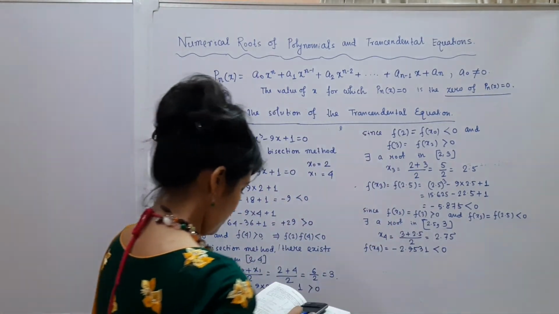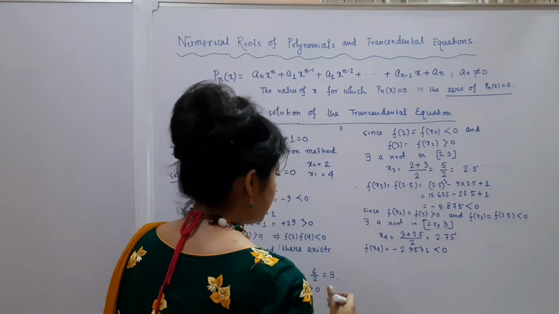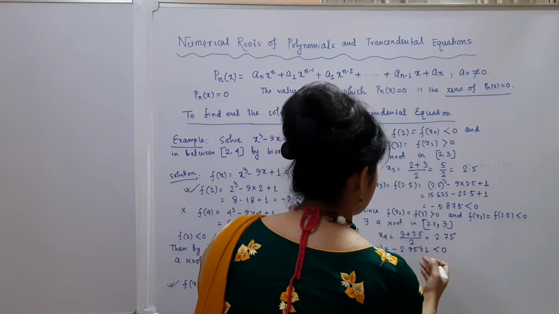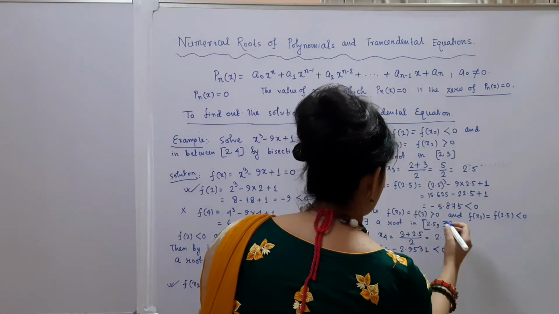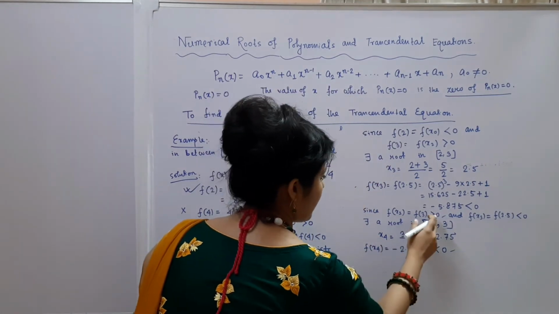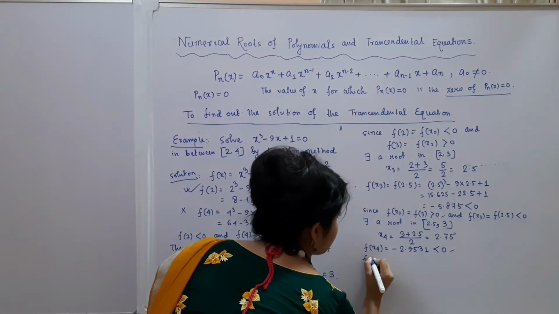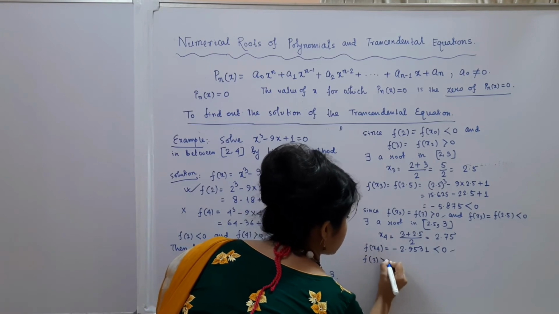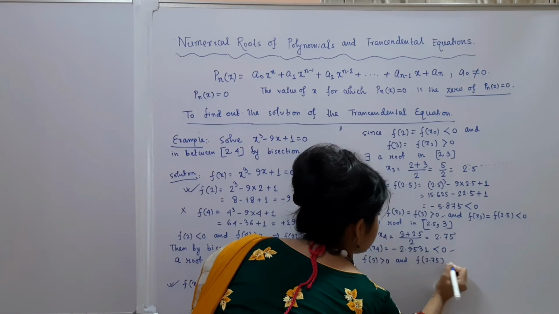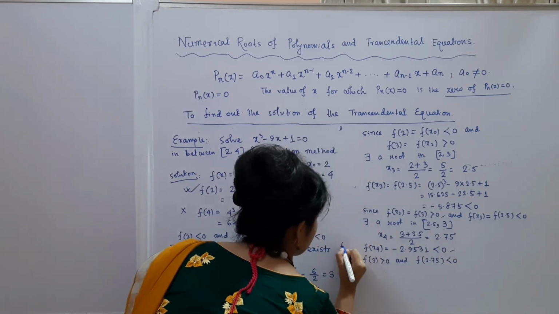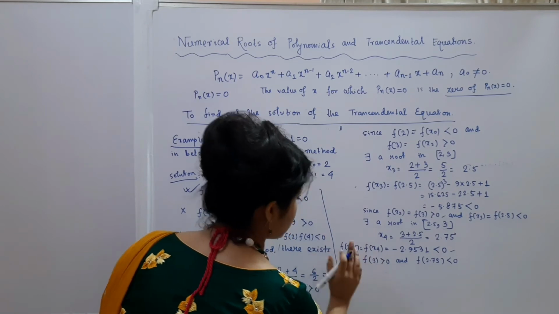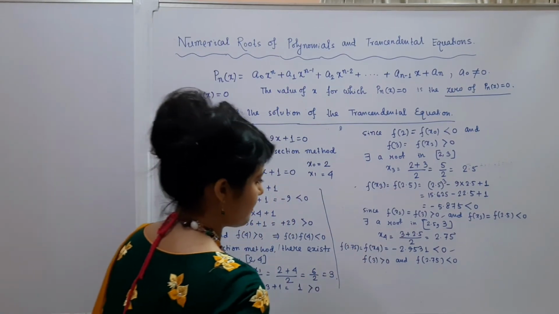So the next root should lie between, because this is negative and this is positive. f of 3 is positive and f of 2.75 is negative, because f of x4 is equal to f of 2.75.